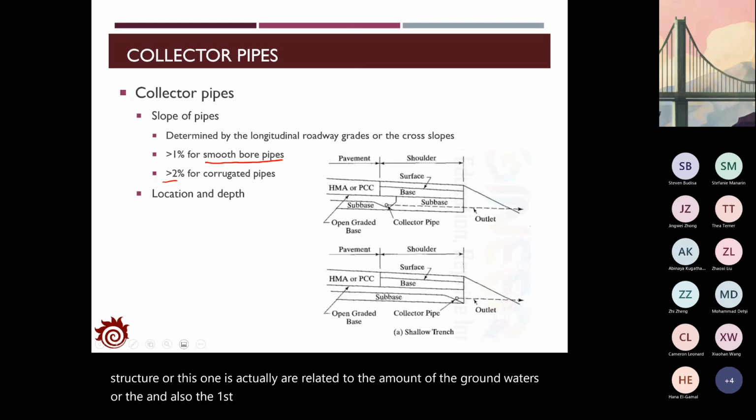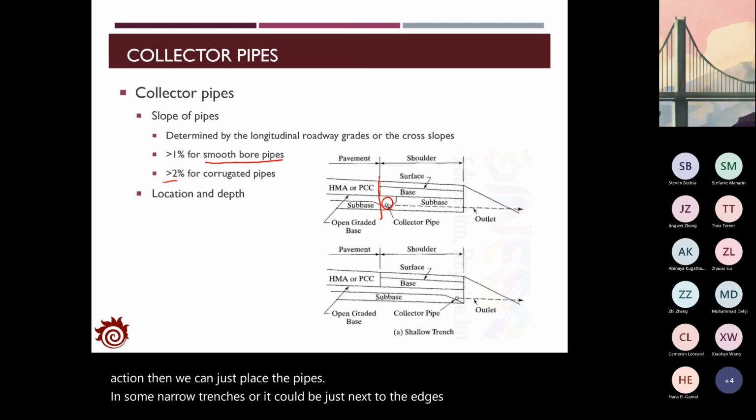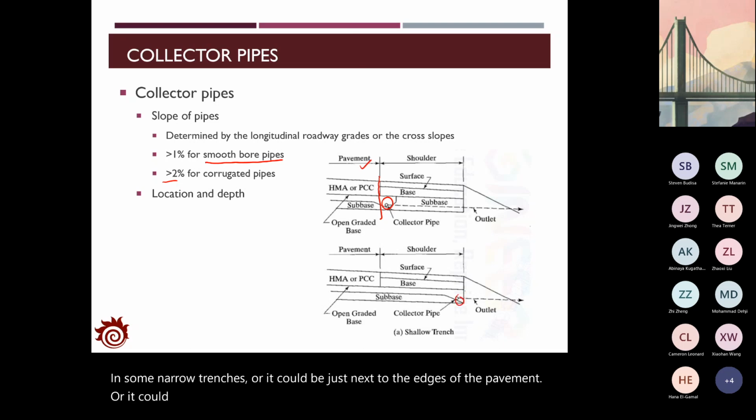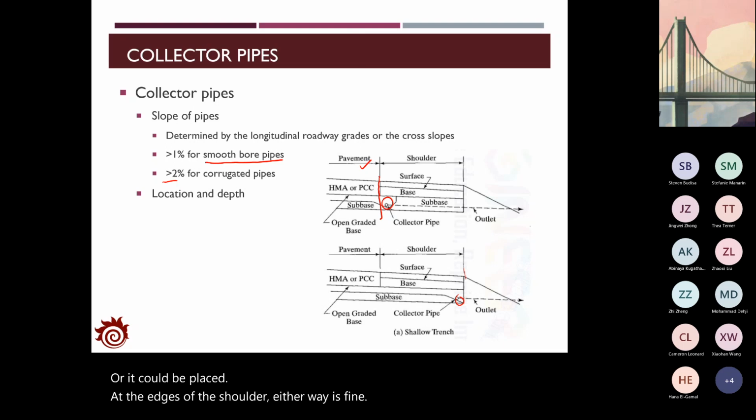If there isn't any groundwater or frost action, then we can just place the pipes in some narrow trenches. It could be just next to the edges of the pavement, or it could be placed at the edges of the shoulder. Either way is fine. And this is for the pavement without any groundwater or frost action.